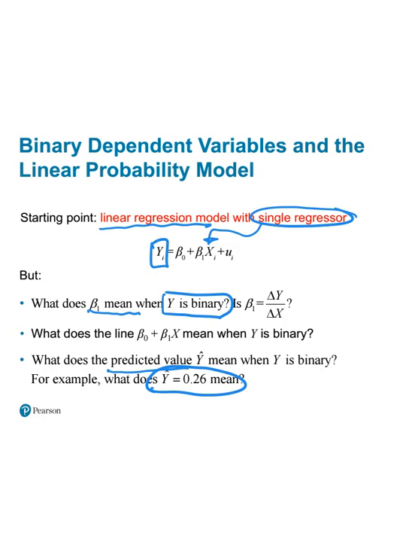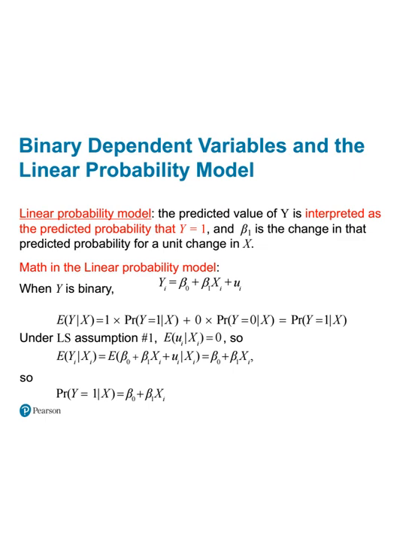Now let's go ahead and give some thought to how exactly do we interpret coefficients in a model where our dependent variable happens to be binary. Now, I think what's helpful here is to reflect on the traditional simple linear regression or multiple linear regression, right? What exactly are we trying to estimate? What do our models yield? Well, we're always trying to estimate the value of our dependent variable given our actual independent variables.